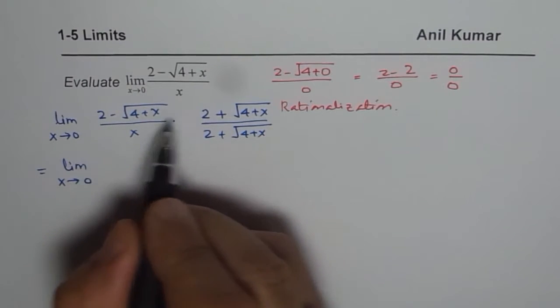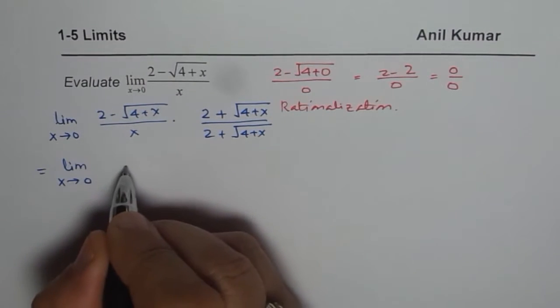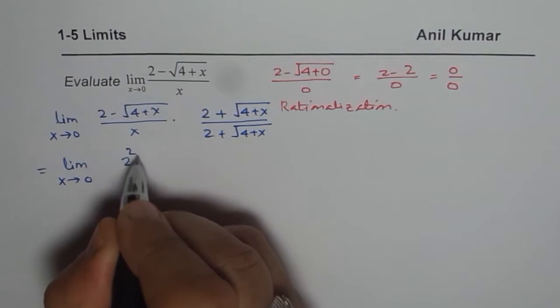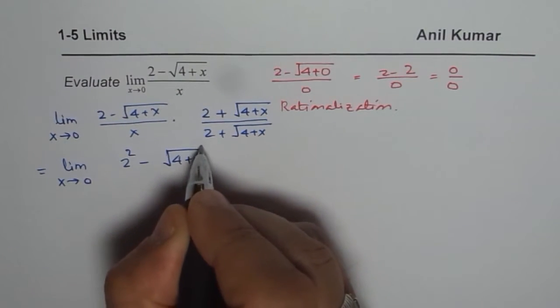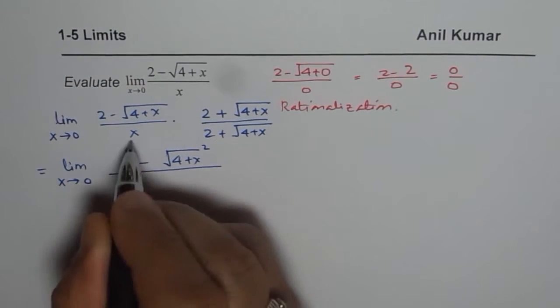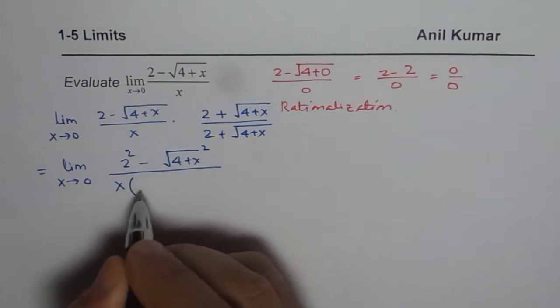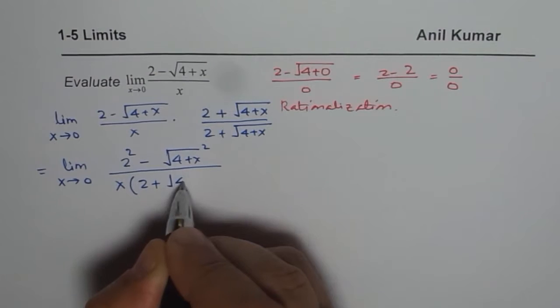So it's like (a minus b) times (a plus b). So you get a squared, which is 2 squared, minus the square of square root of 4 plus x, divided by x times all this, 2 plus square root of 4 plus x.